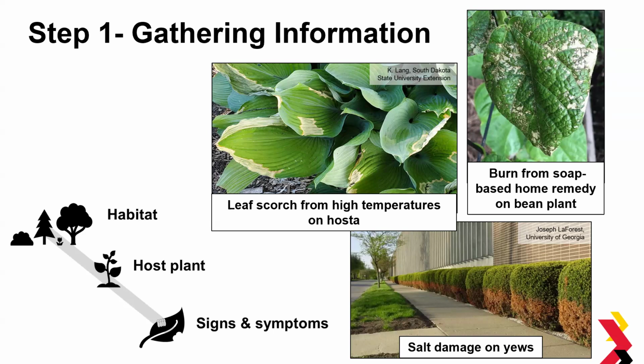Here at Extension, we do not recommend home remedies. They are not science-based. But if we just saw that photo of our bean plant leaf on our top right, we may think there's some sort of disease going on. But investigating, learning more, we find out that a soap-based remedy was sprayed and caused these particular patterns and damage that we are seeing.